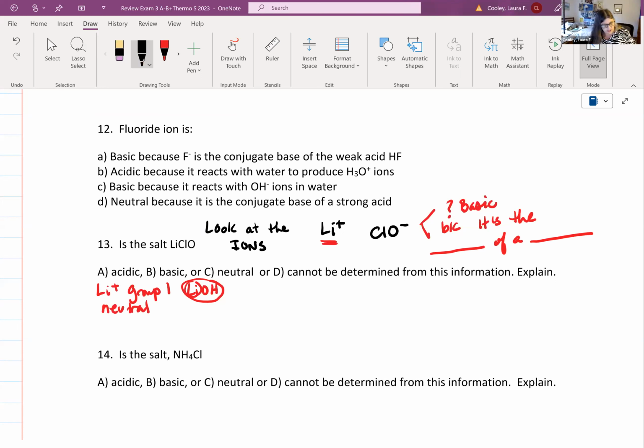What am I looking for here? Conjugate base of a weak acid. That's right. It's a conjugate base of a weak acid. And all conjugate bases of weak acids are basic.